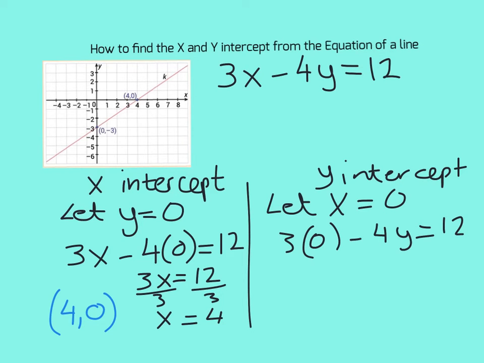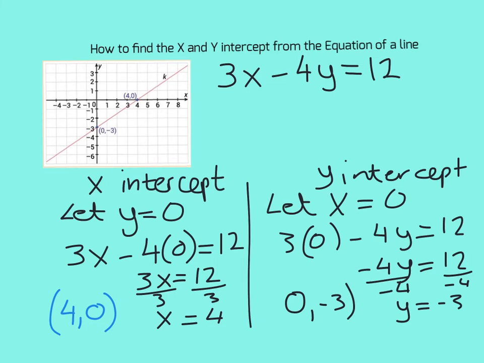That 3 by 0 becomes 0, so that's minus 4y equals 12. Divide both sides by minus 4 and I get y is equal to minus 3. So my point there, we know that x was 0 and y is minus 3, which is exactly the 2 points that we see on the graph. So that's how we find the x and y intercept.